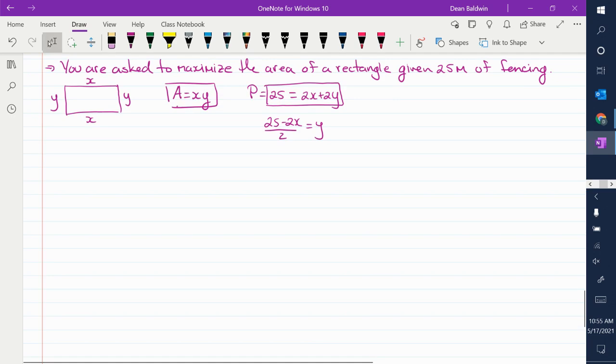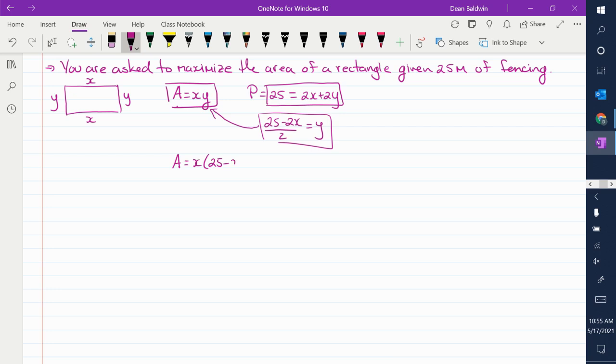Silence means yes. So then this is substituted in for y, because that's what y is. It's 25 minus 2x over 2. So now my area equation is x times that, which I can then just multiply the x in, which I'm just going to rewrite like this.